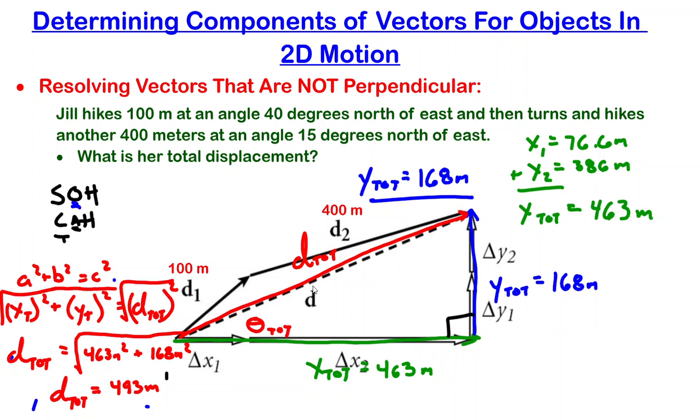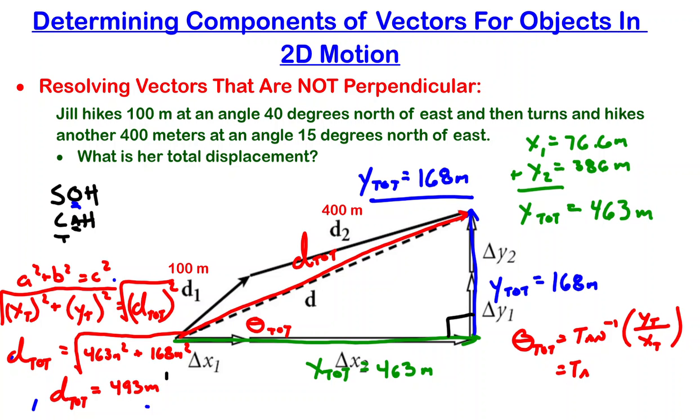And then I need to solve for this angle. And so really there's many ways that I can do this because I have all sides of the triangle. So I could really use any of these trigonometric functions. I'll just stick with inverse tangent since that's what we've done. So the total angle is going to be equal to the inverse tangent of, this is opposite, so y total divided by adjacent x total.